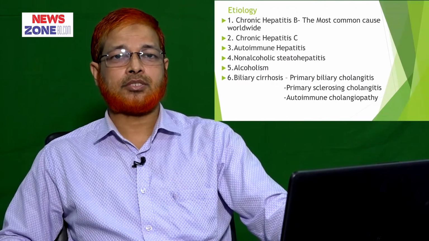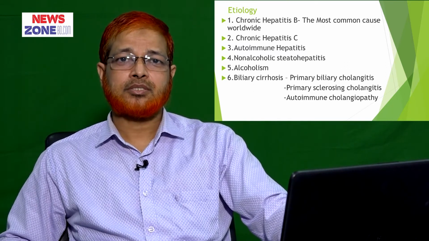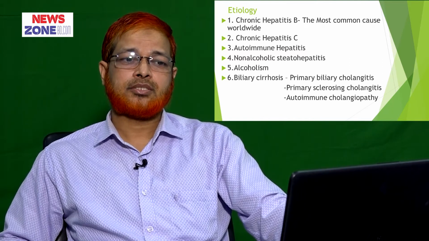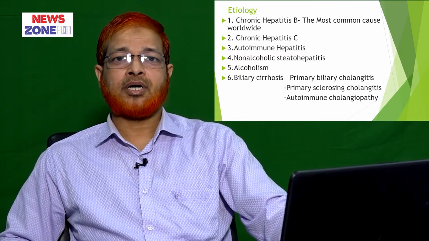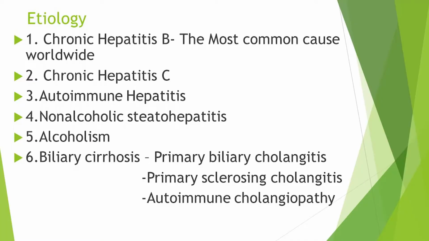Now, the most important topic is the etiological factors of cirrhosis of liver. We know that worldwide, cirrhotic liver is caused by hepatitis B and hepatitis C. So if you say that worldwide hepatitis B and hepatitis C are common causes of cirrhosis of liver, it will be the best answer.